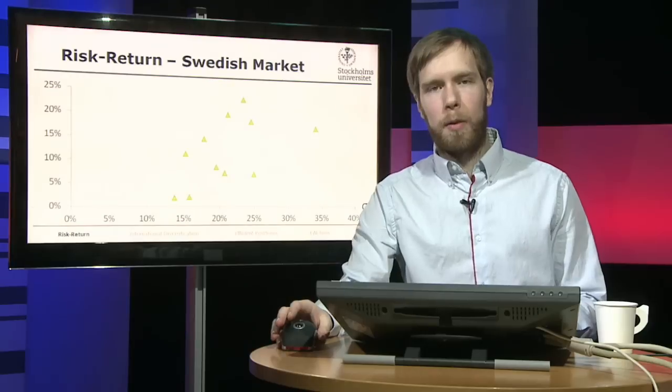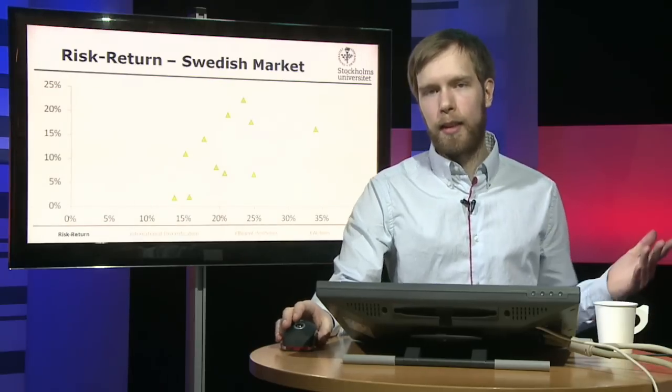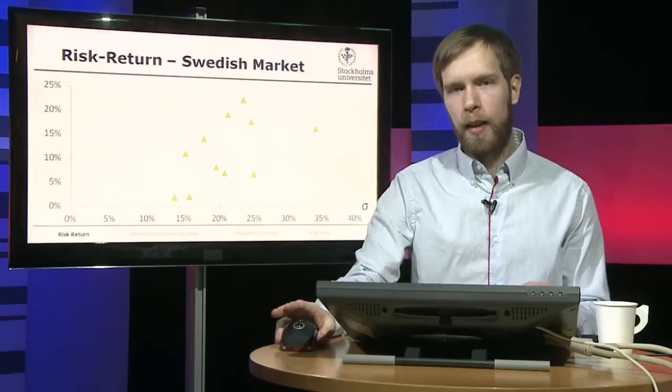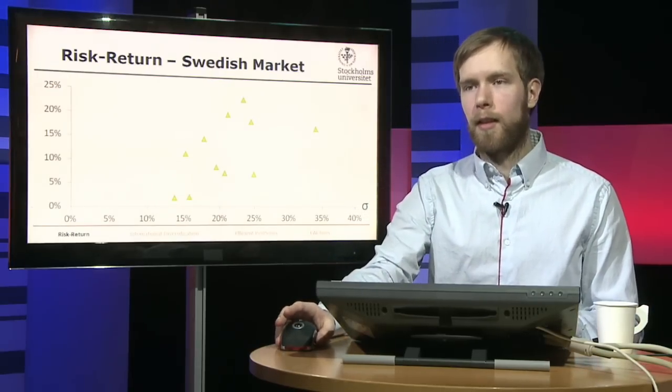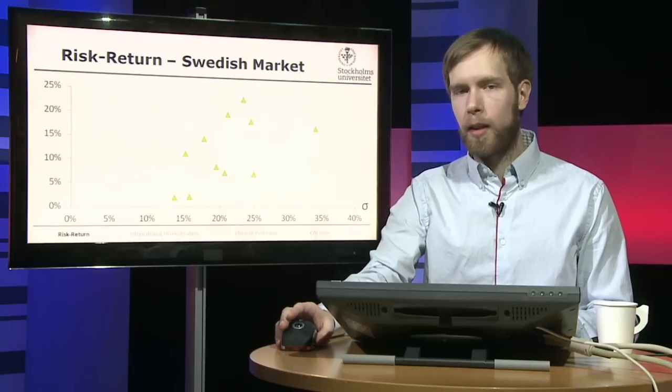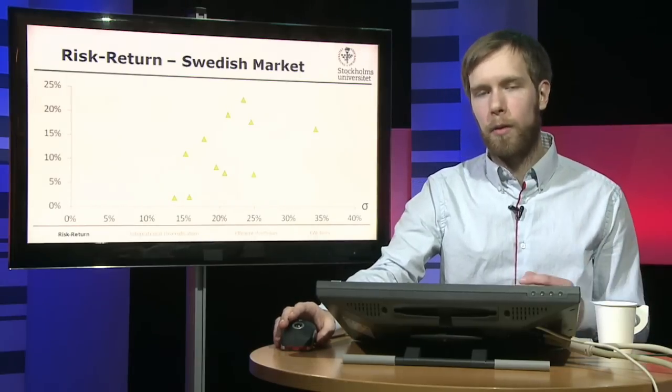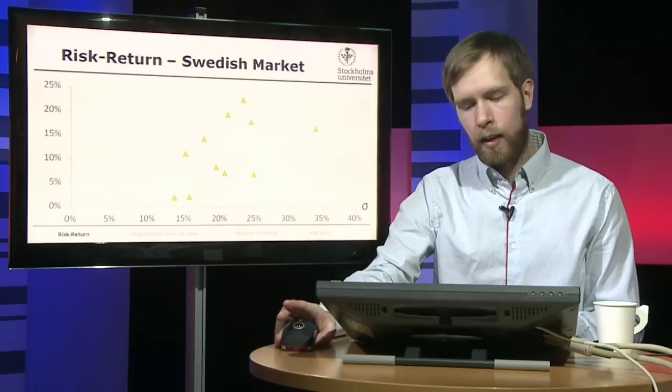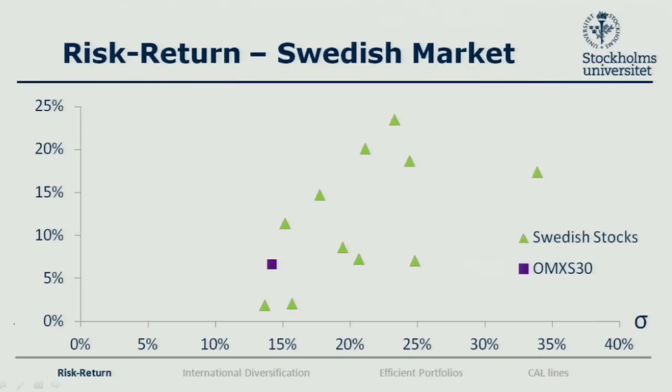And then we discussed a stock index in one of the other videos. I mentioned an index called OMX S30, which is usually seen as a measure of how the Swedish market is doing in general. And here we can see how OMX 30 has done. So it hasn't had such good return as some of the stocks, but on the other hand, we also have quite a few stocks with very low return on the Swedish market, which is why this index is quite low.